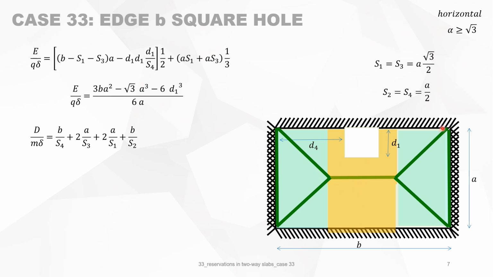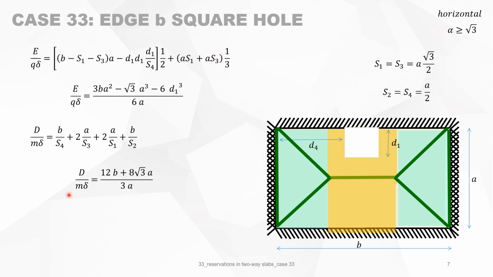And then on the side, we have A divided by S3. This is also A divided by S3. And this is A divided by S1. And we also have A divided by S1, which gives you this expression. And we end up with this formulation.